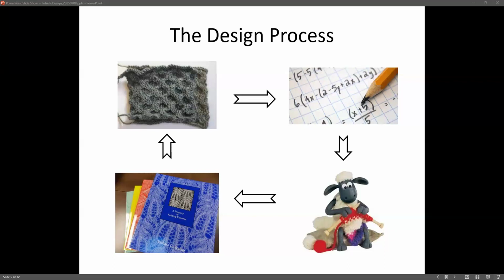Now, does that mean I've done the calculations and I knit something and I'm done with it? Heck no. The arrows go around and around, because generally when I'm designing something, by the time I'm finished, I will have probably knitted it twice. I might not knit the whole thing twice through, if it's a garment, I might not knit both the sleeves twice and the front and the back twice.